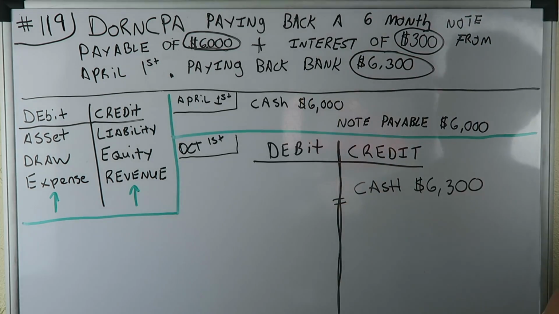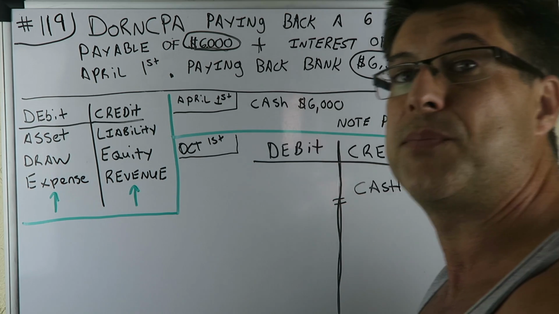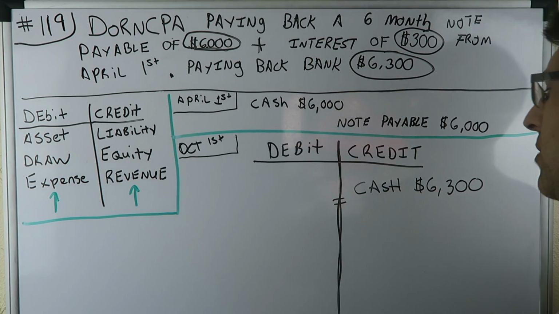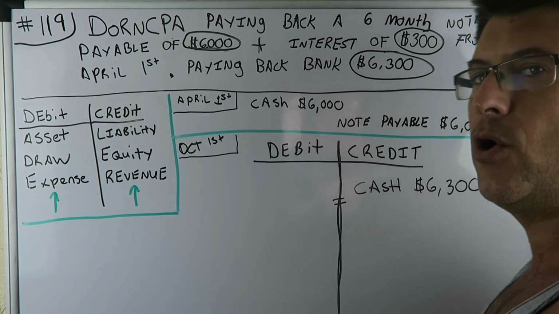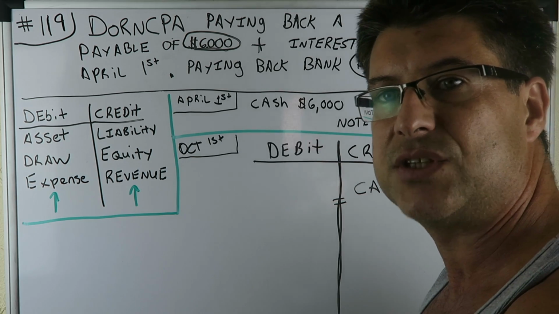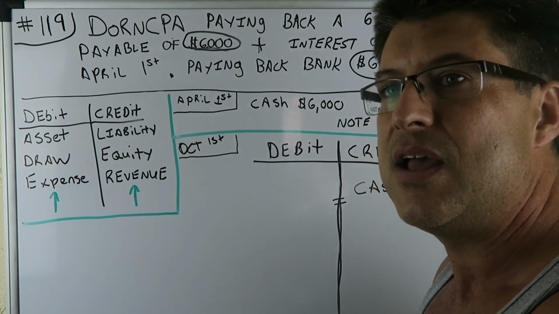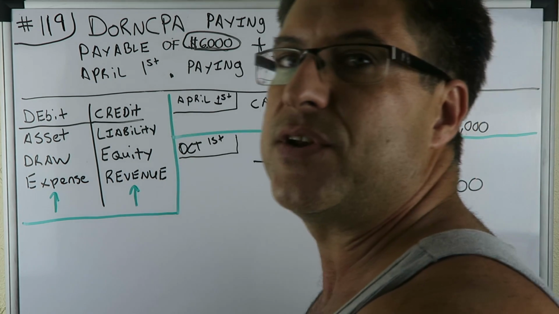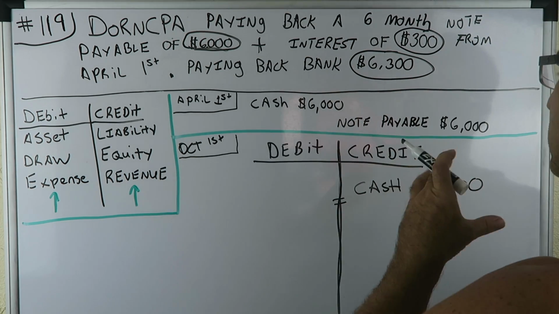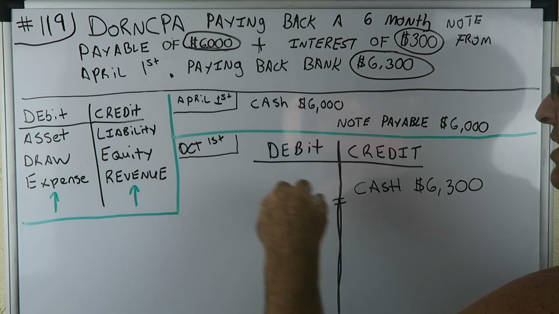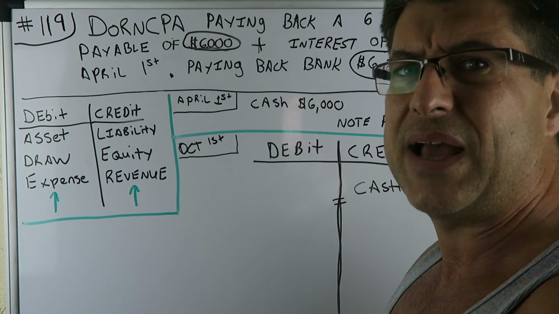Now, out of the $6,300, what did we pay? The untrained person might want to say, oh, note payable. But the note payable was just $6,000, and on our balance sheet, our general journal, it's going to show that we have a note payable of $6,000. So if we put note payable $6,300, it wouldn't match up right.